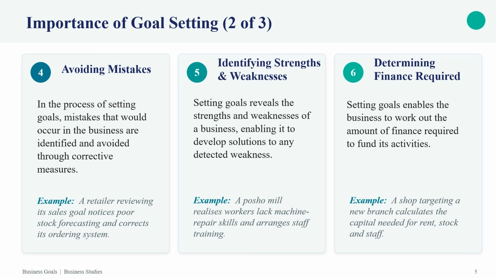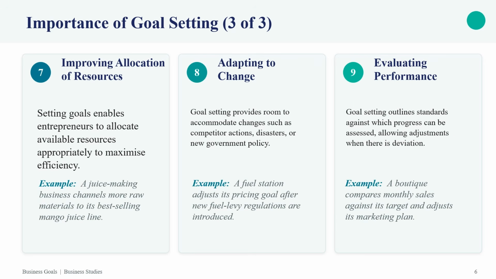It prepares in advance. The second importance is that it helps to improve allocation of resources. So setting goals enables entrepreneurs to allocate available resources appropriately, underline the word appropriately, to maximize efficiency.